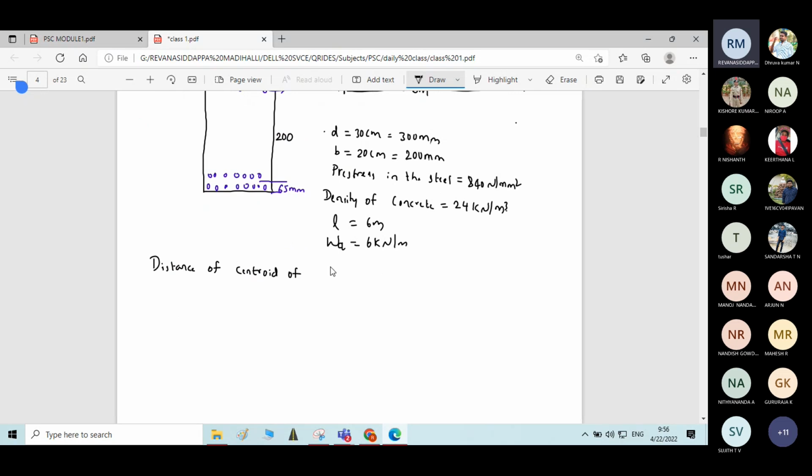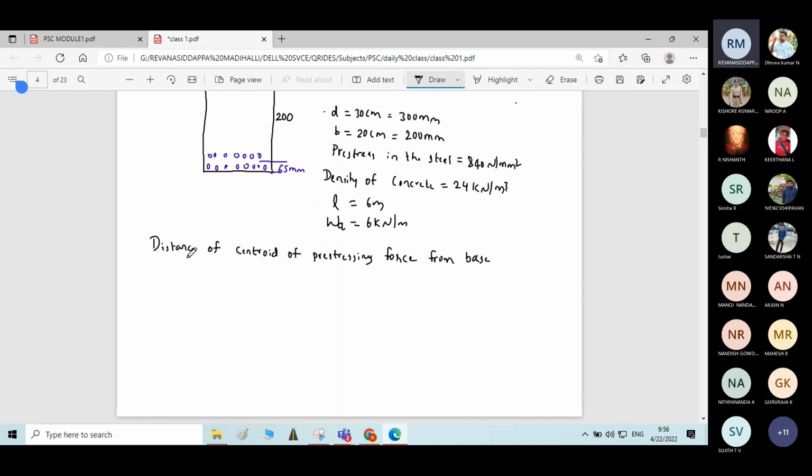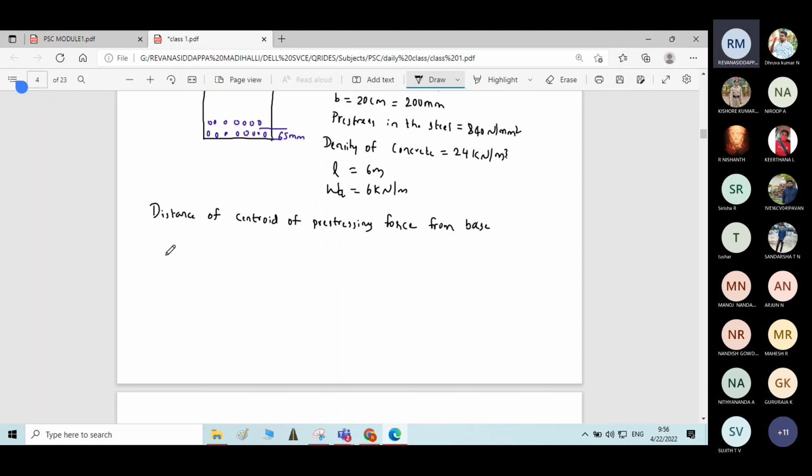From the bottom of the beam we will locate the distance of the centroid of pre-stressing force. Let me call it y.